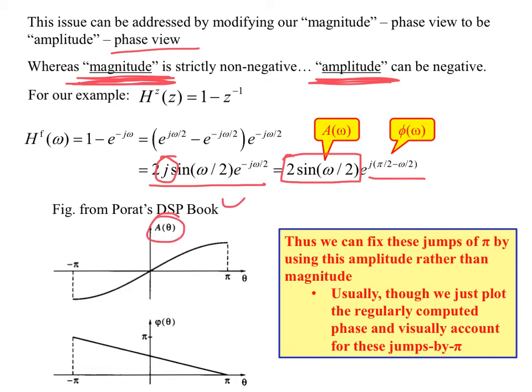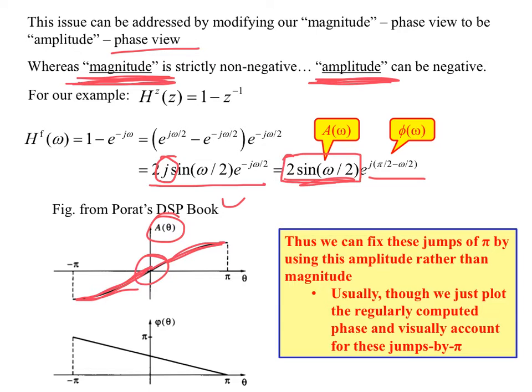So this is a figure from Proakis's DSP book on this example, showing the plot of this, and you can see that it's positive out here and it's negative out here, and you can see that that would be the thing that would account for going through the origin, and that was what we saw was causing that discontinuity.